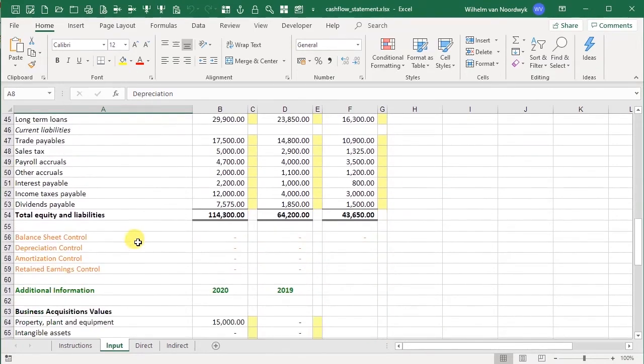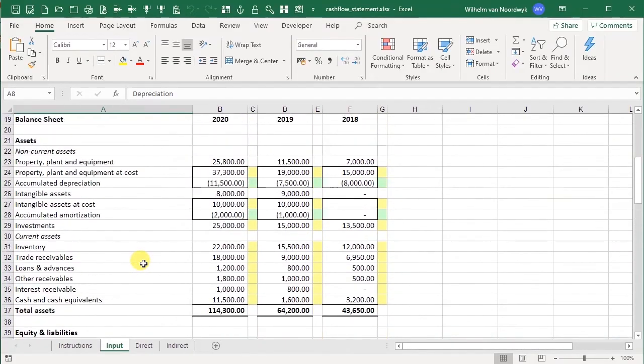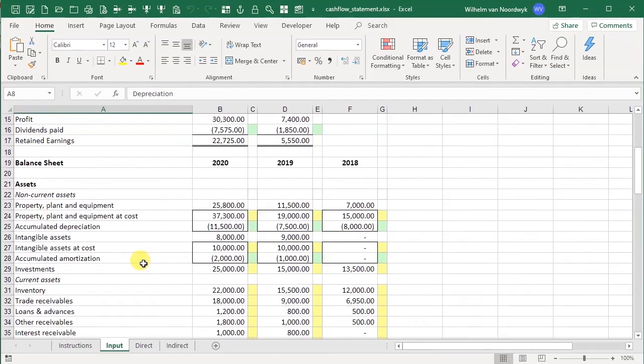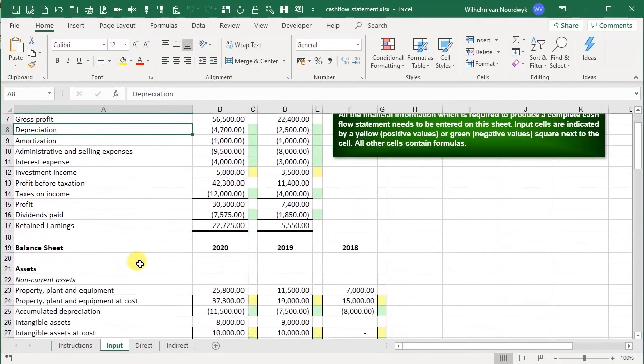And the next one is an amortization control, which has a similar principle where the accumulated amortization is checked against the amortization in the income statement.